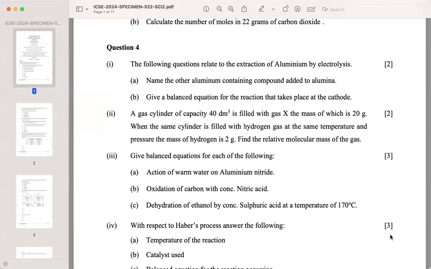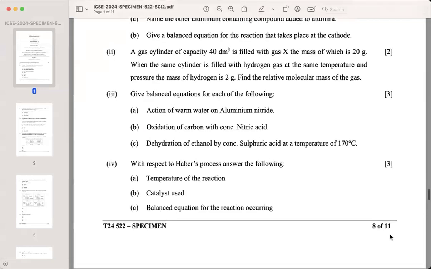Third, give a balanced equation for each of the following. Part A, action of warm water on aluminum nitride. So it will be AlN plus 3H2O giving NH3 plus Al2O3. Second part, C plus 4HNO3, and below HNO3 you will write conc because in the statement it is saying conc HNO3, gives CO2 plus 4NO2 plus 2H2O.